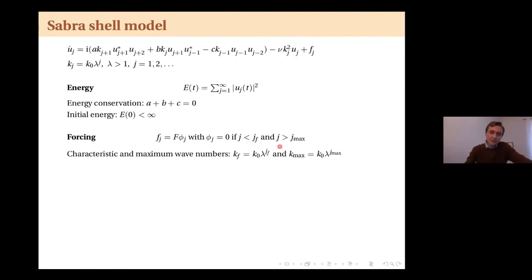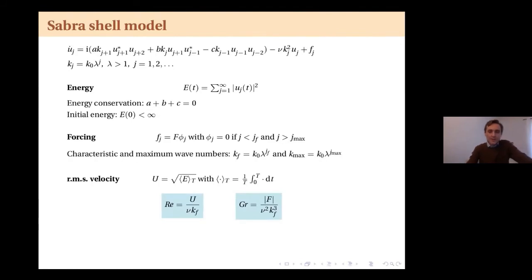And the existence of this tells me that there are two characteristic wave numbers in the forcing, Kf and Kmax. In principle, I would not need to assume this for all the results that I'm going to present, but it's not necessary to be fully general. It has a physical sense.